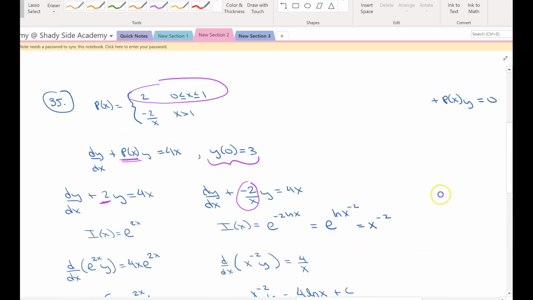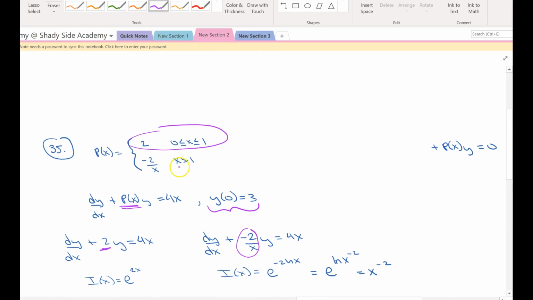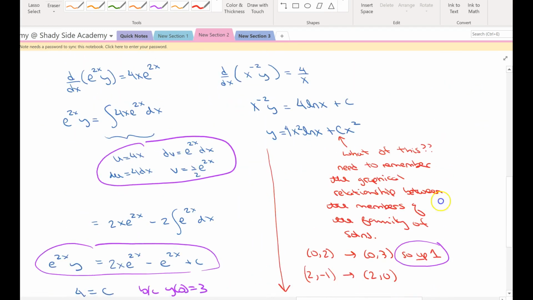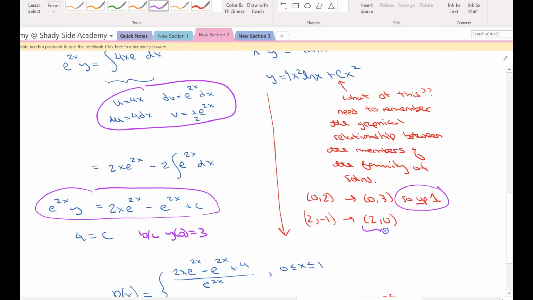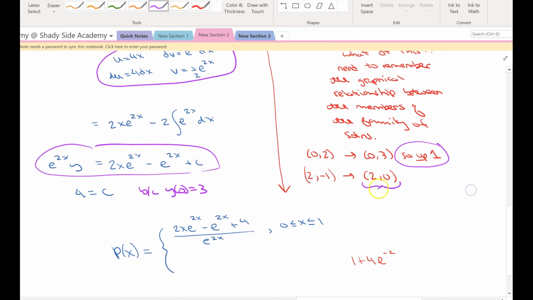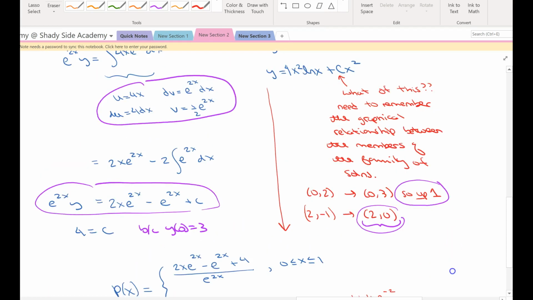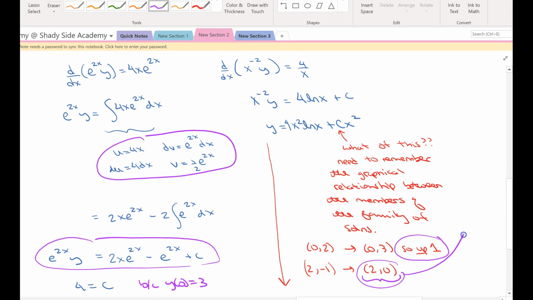So I need to think of a point on the other piece of the function, so to speak. So I thought about the value of x equaling 2. When x equals 2, y equals negative 1. So I thought, well, let's think about when x equals 2, y equals 0. And then I used this point to input in to solve for this constant c.